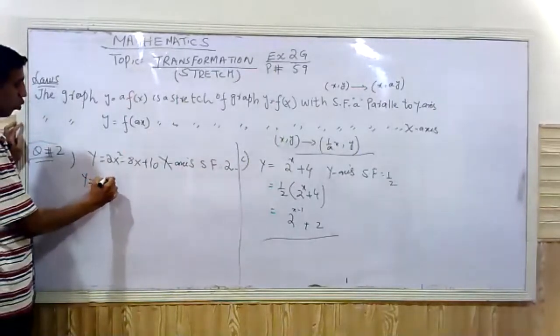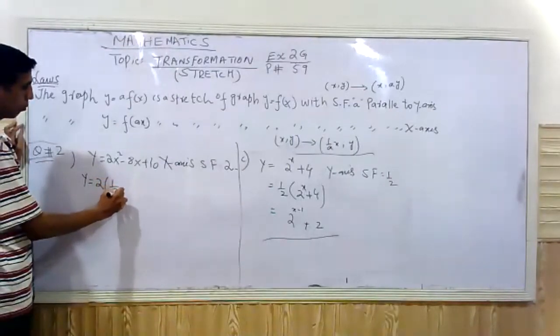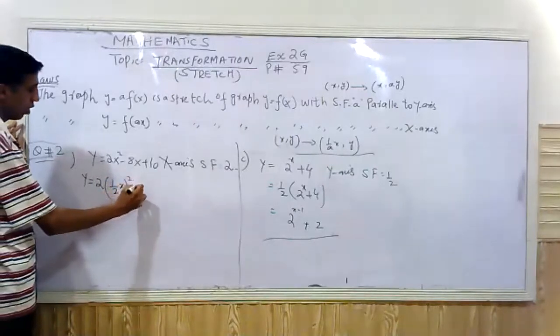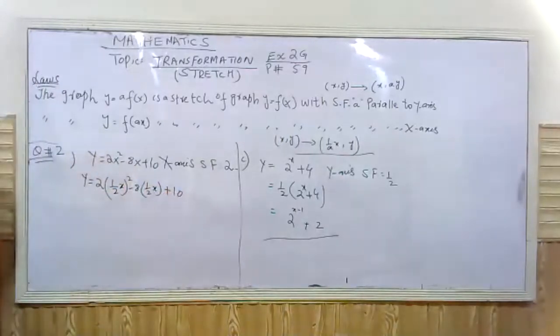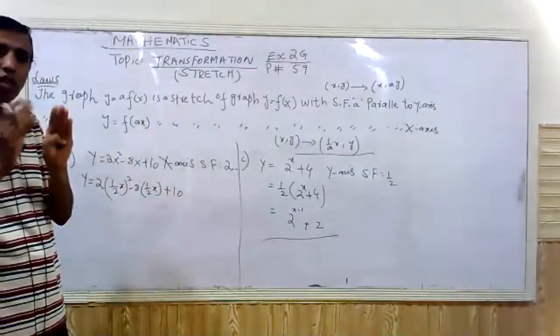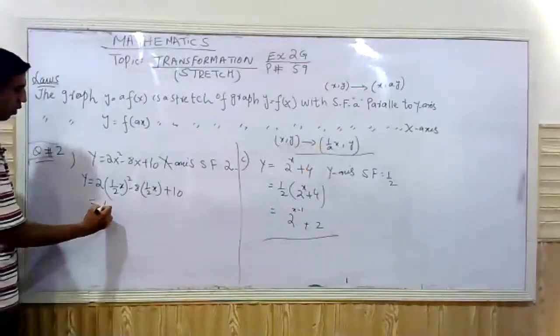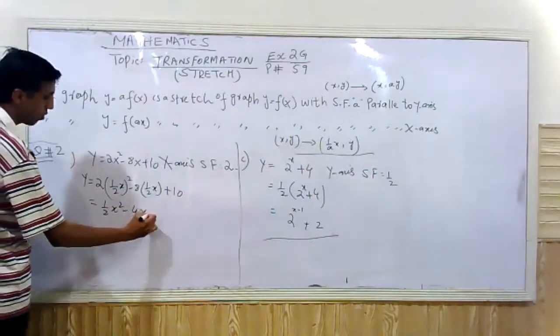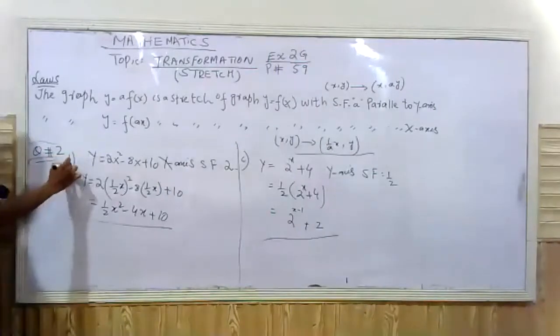The stretch factor is 2, so 1 by 2 x: 1 by 2 x squared minus 8 into 1 by 2 x plus 10, because when the stretch factor comes in the bracket, we take 1 by a. Solve it: 1 by 2 x squared minus 4x plus 10. That was the D part.